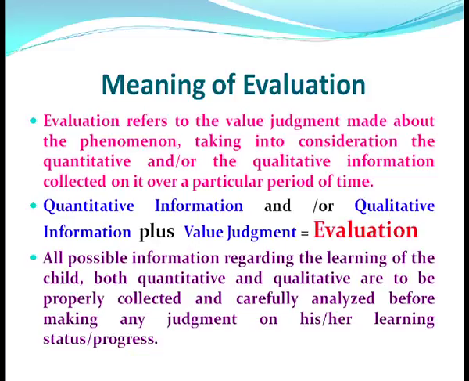So, this is evaluation. On the basis of evaluation, all possible information regarding the learning of the child, both quantitative and qualitative, is to be properly collected and carefully analyzed before making any judgment on his or her learning status or the progress. What does this mean?